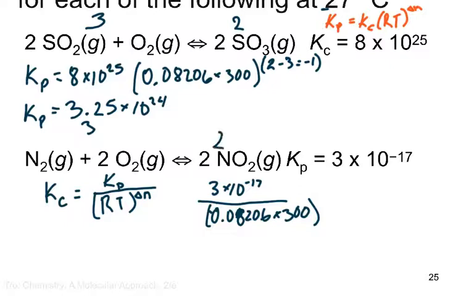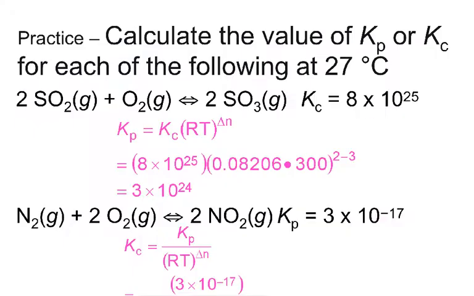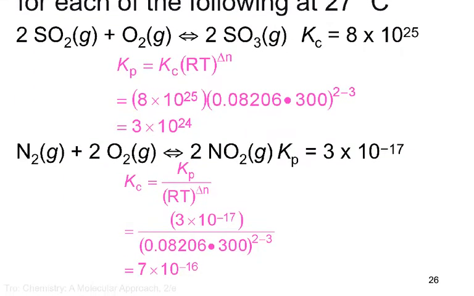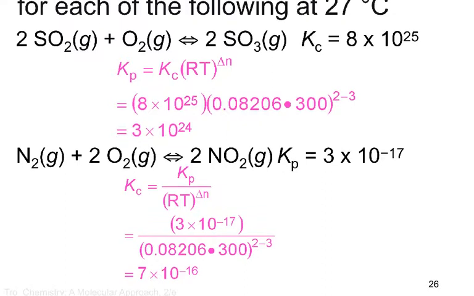Here we have 2 moles in our product. Again, 3 in our reactant, so that's going to be to the -1st again. 2 minus 3 is -1. So our Kc value here is 7 times 10 to the -16th. So there's that math worked out.